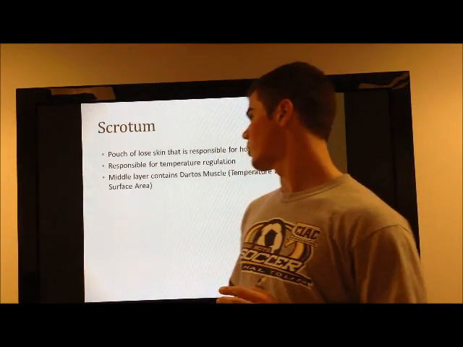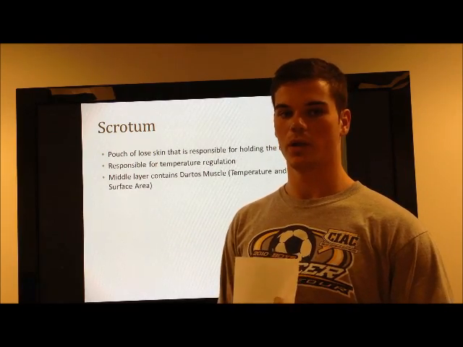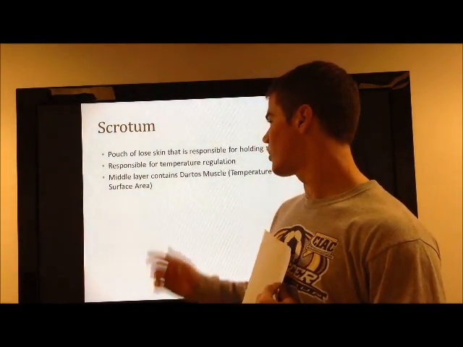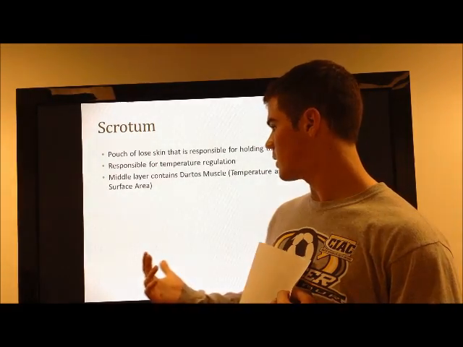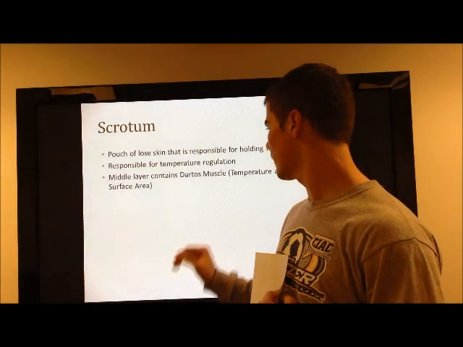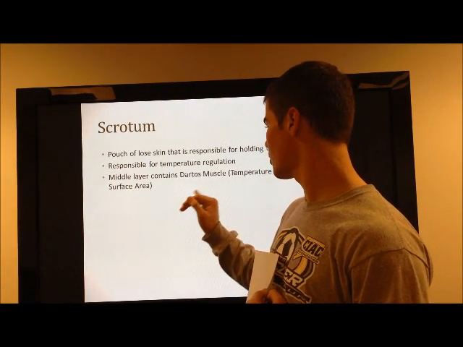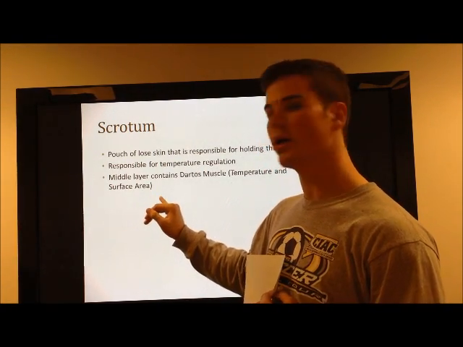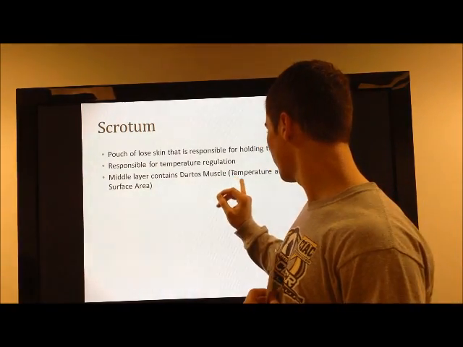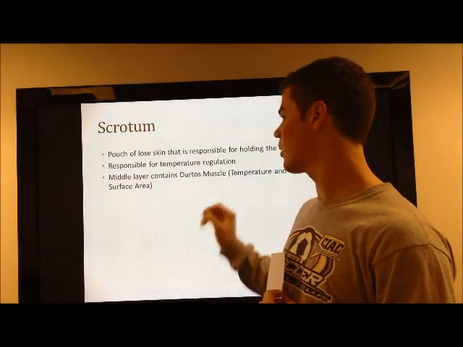So the scrotum. The scrotum is also part of the external anatomy, and it is a pouch of skin that's responsible for holding the testes, and it's responsible for temperature regulation. And you have this muscle called the dartos muscle, which is in the middle layer of the scrotum, and as I said before, it regulates temperature and surface area.